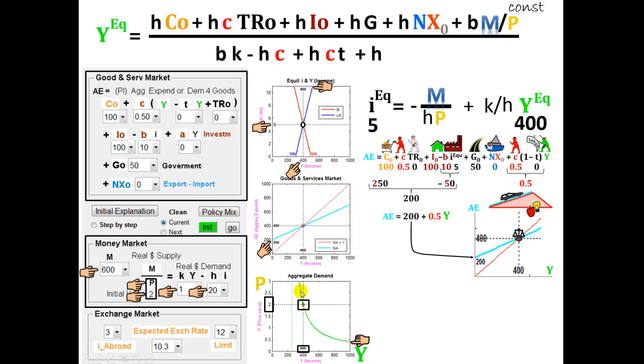But we are actually interested in finding not only one point, we want the whole curve for aggregate demand. So if we want to have the whole curve, then we have to drop the assumption that P is constant, and then if we vary P, then Y will vary, and we will get the whole curve.